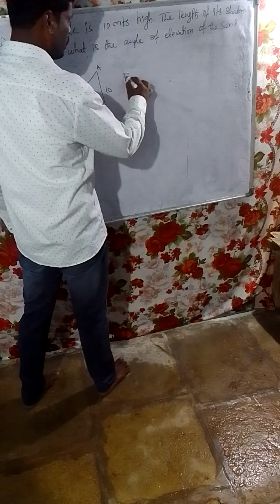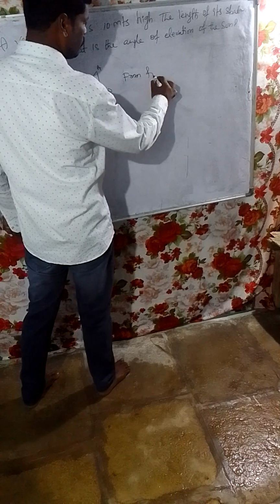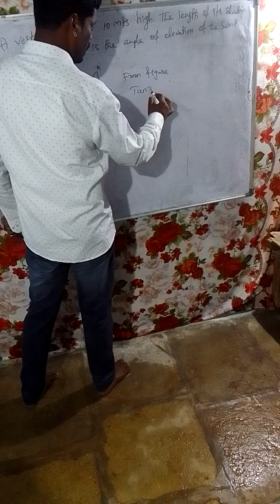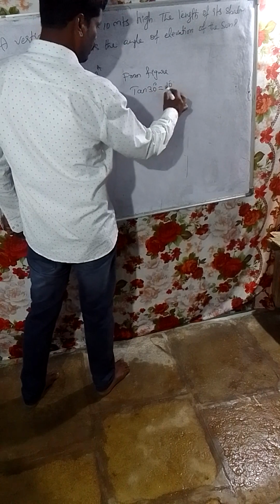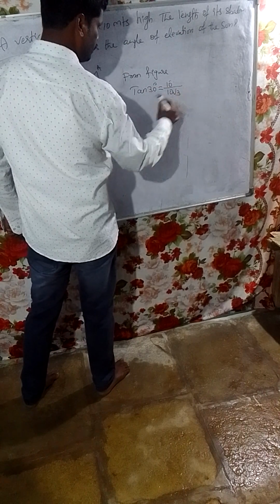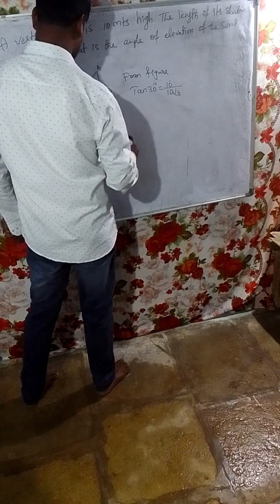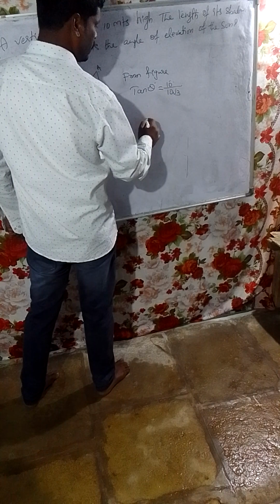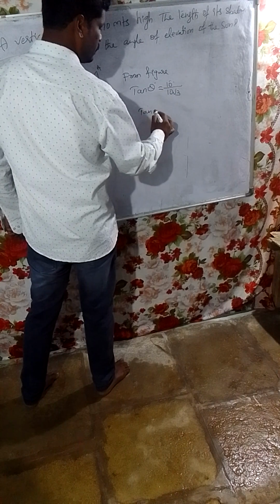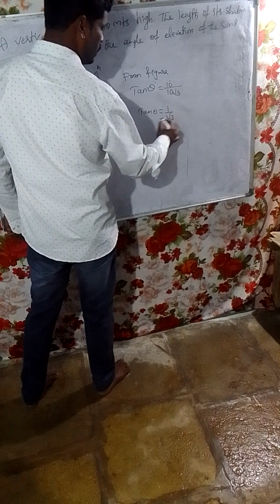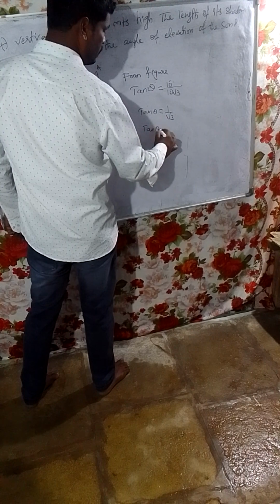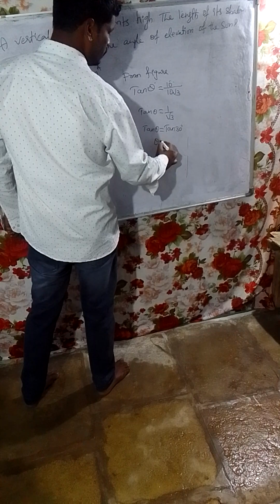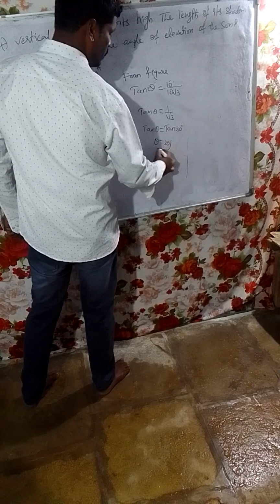From the figure, tan theta is equal to 10 by 10 root 3. Tan theta is equal to 1 by root 3. Tan of 1 by root 3 is tan 30 degrees only. Then theta is equal to 30 degrees.